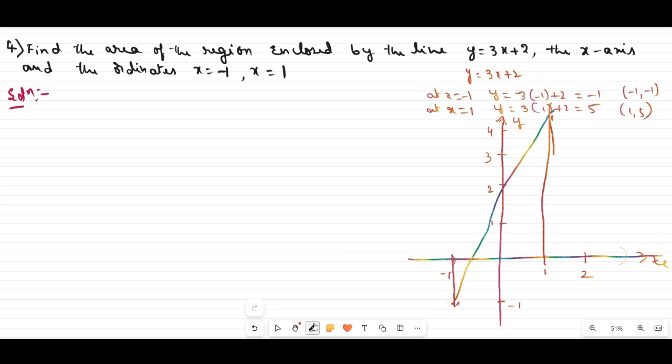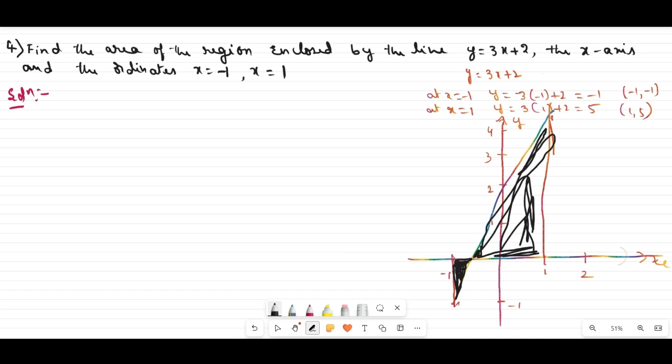Which area should we find out here? This area. The area enclosed by the line y is equal to 3x plus 2, as well as the area enclosed by the ordinates they have given. So this area we should find out.